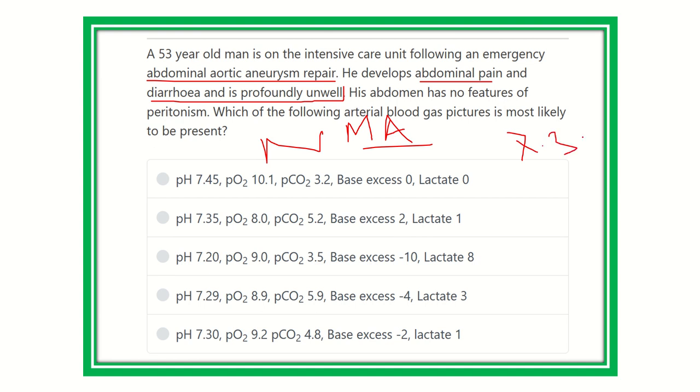when the pH is less than 7.35, then it is acidosis. In both respiratory and metabolic cases, when the pH is less than 7.35, it is acidosis. So first of all, we have to find the pH in these options which is less than 7.35.